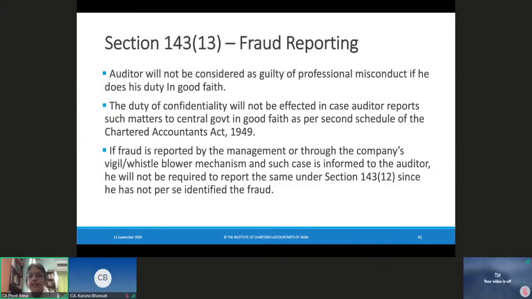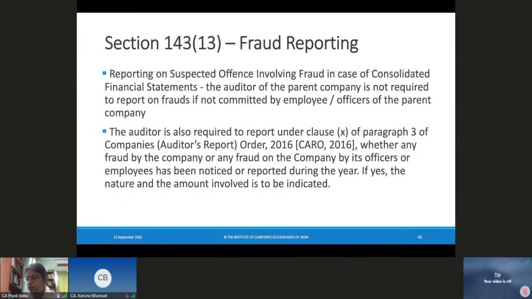Keep this in mind. I do not have to go through the Institute's guidelines on fraud in further detail. A student should go through them. I just quickly took you through some of the instances as per the Institute's guidelines on reporting of fraud.